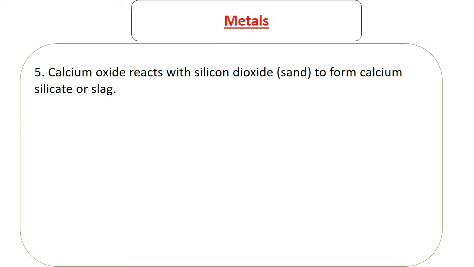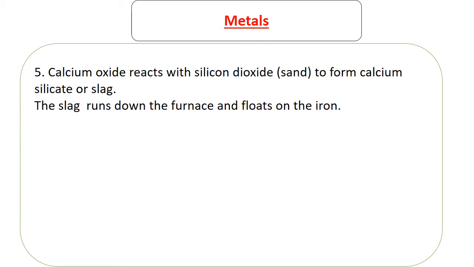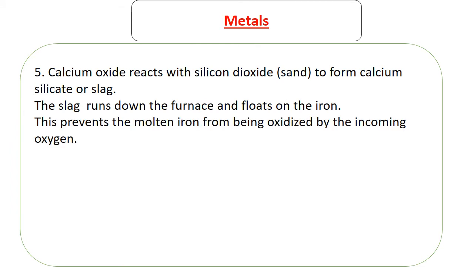So the calcium oxide, like I said, reacts with impurities. The main impurity is silicon dioxide, which is just sand. So calcium oxide reacts with sand to form calcium silicate, which is also called slag. This slag runs down the furnace and falls on the iron, and this brings another advantage.